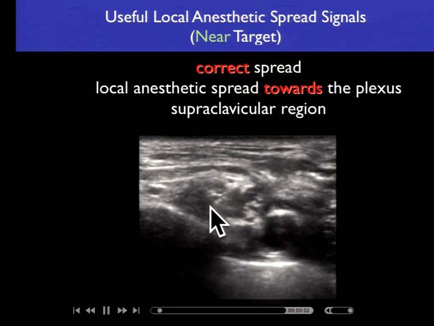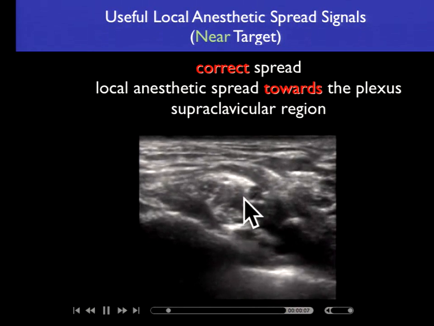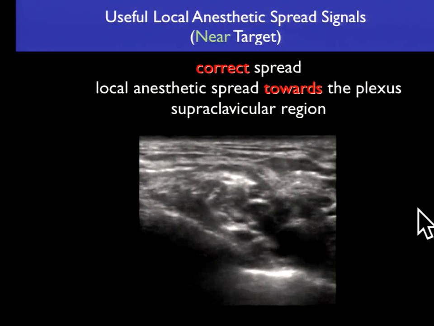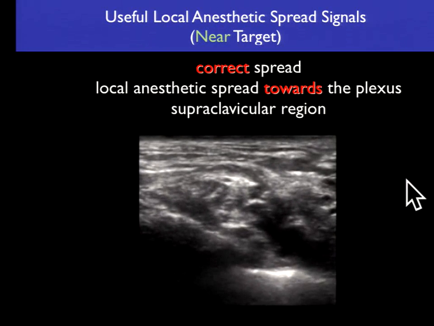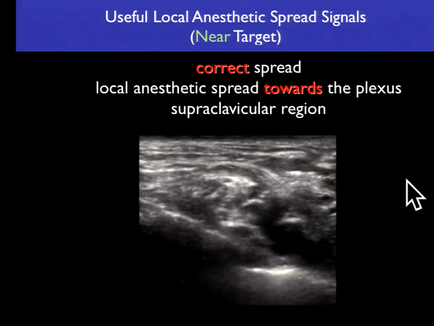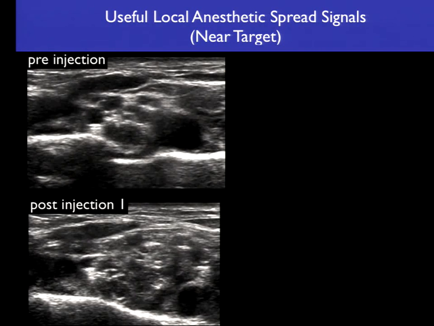When I advance the needle and inject now, it has gone through the sheath. Now I can see that this area is ballooning up like a balloon. So that tells me now I'm in the right place. So if the spread is away from the plexus or the nerve, don't accept it. There are many patterns that you see after a local anesthetic injection.